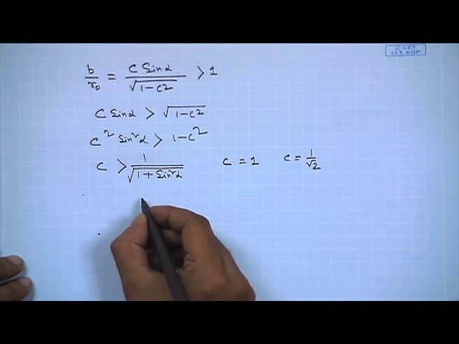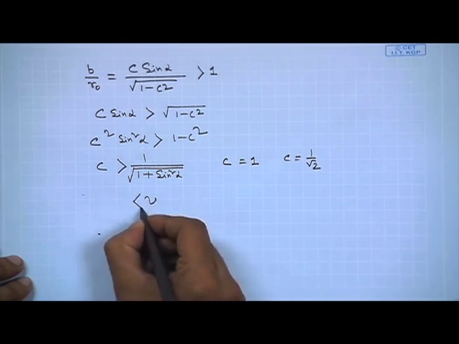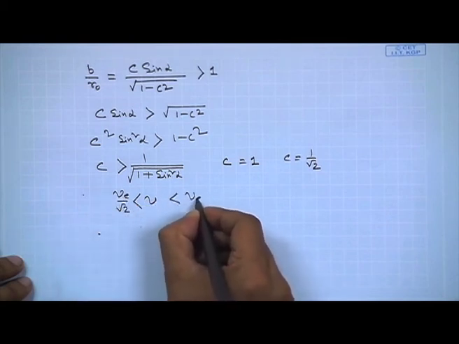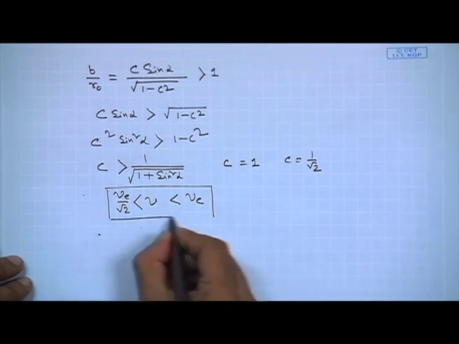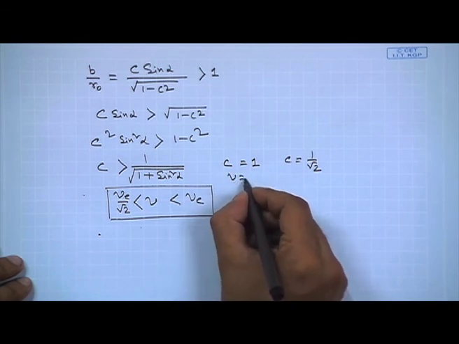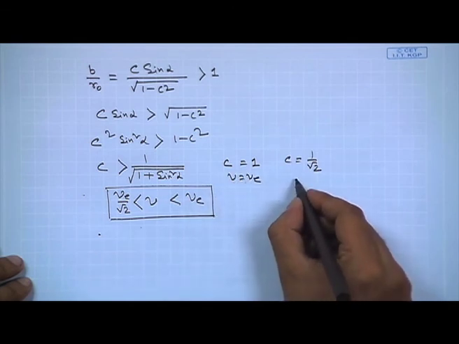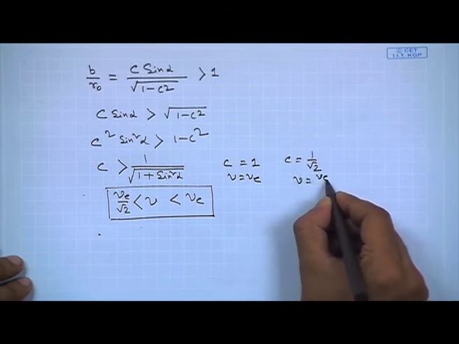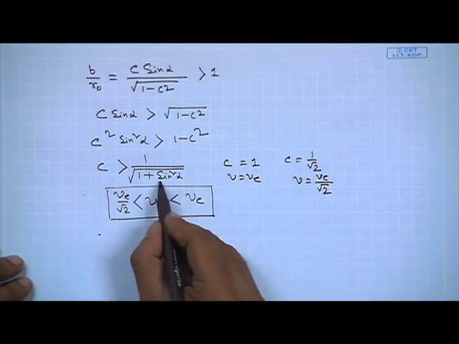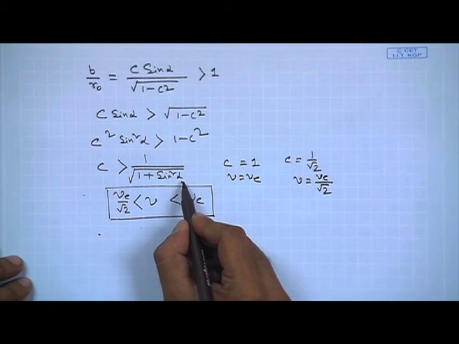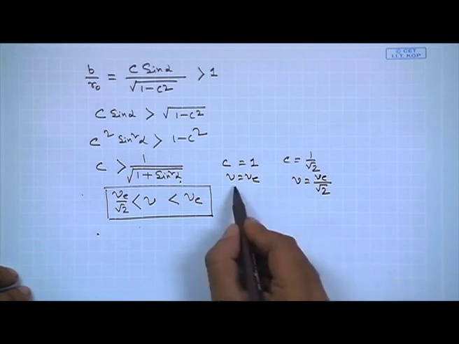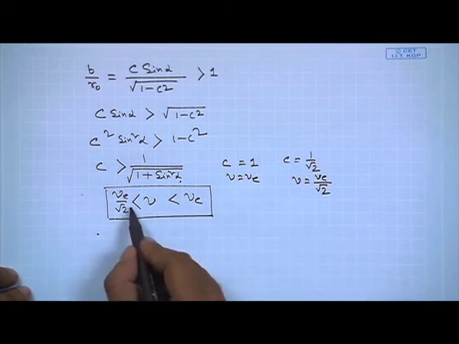So we see velocity has to be enclosed between ve by root 2 and ve in order to have a satellite. c equal to 1 essentially means v is equal to ve. c equal to 1 by root 2 essentially means v is equal to ve by root 2. Since sin square alpha can have a range between 0 and 1, it defines the range of v from ve by root 2 to ve.